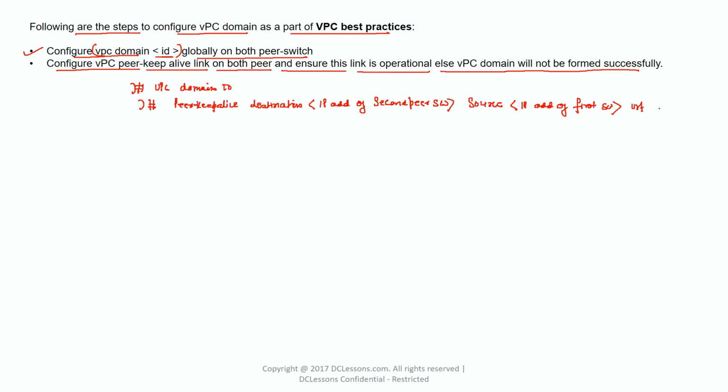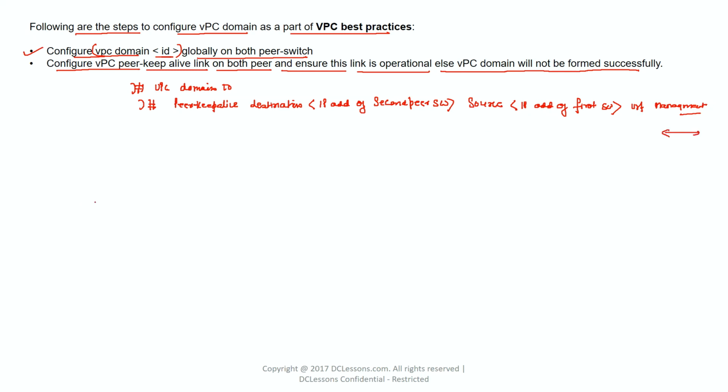If we want to configure our peer keep alive link under the management VRF, we have to provide management. Else, if you want a dedicated VRF, then you have to provide your dedicated VRF ID.